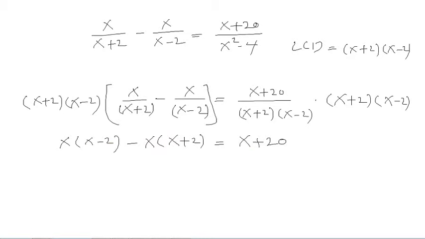That is because x plus 2 cancels, and when you multiply, x minus 2 cancels x minus 2. On the other side, the denominator cancels the numerator, and you're left with only x plus 20.